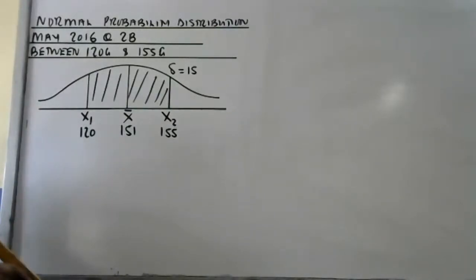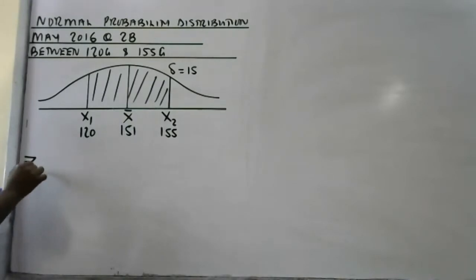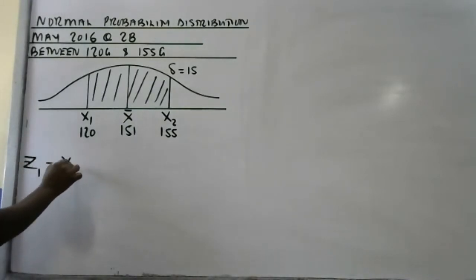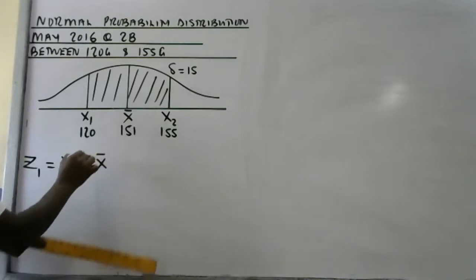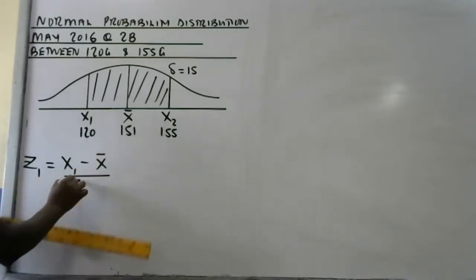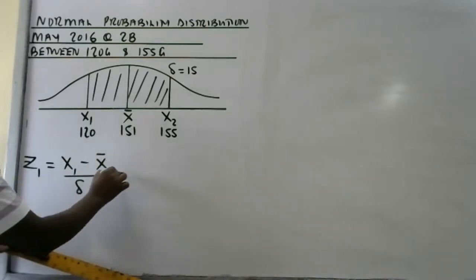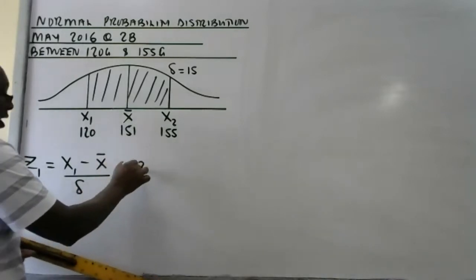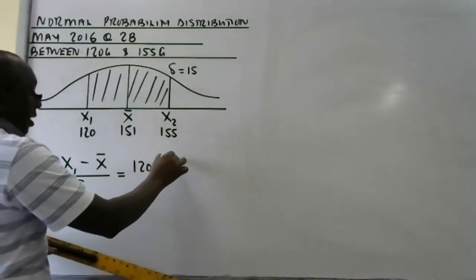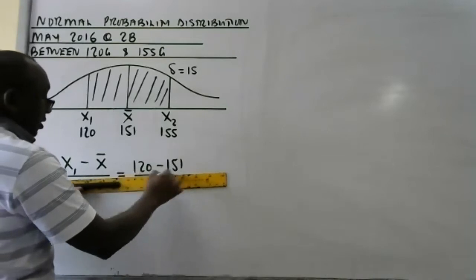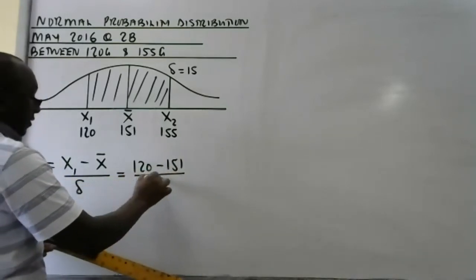So with that now, you get Z1. Z1 is obtained as X1 minus X bar, you divide by standard deviation. So this will be 120 minus 151, you divide by 15.